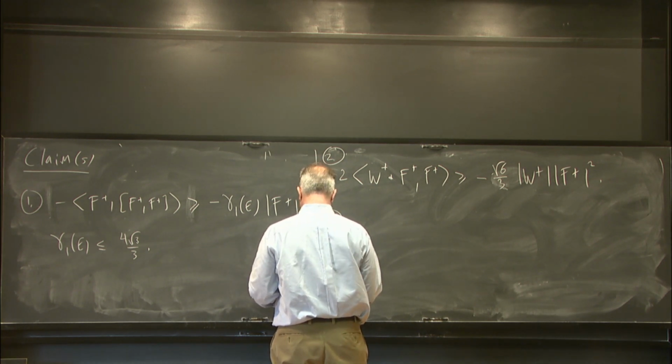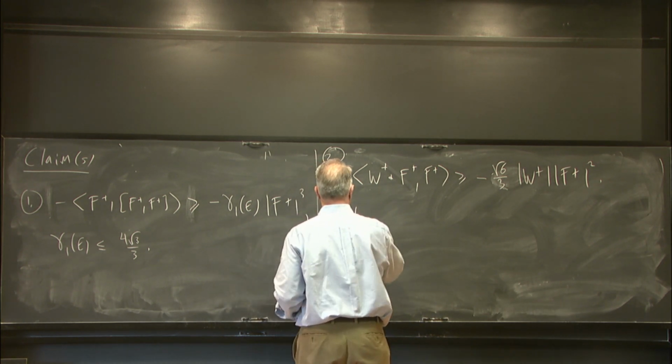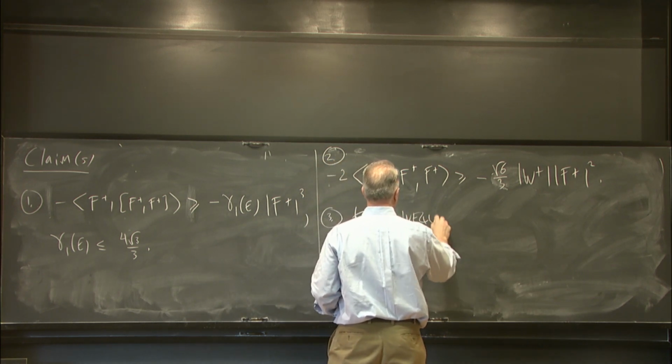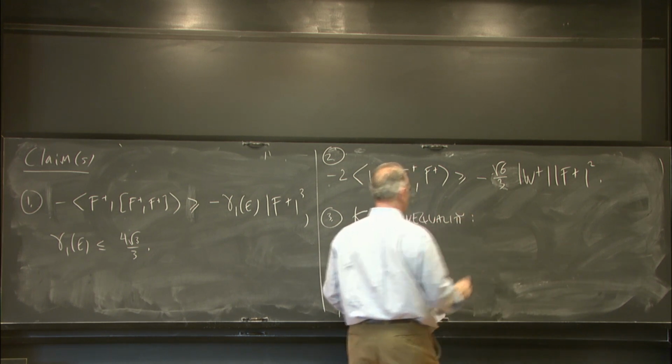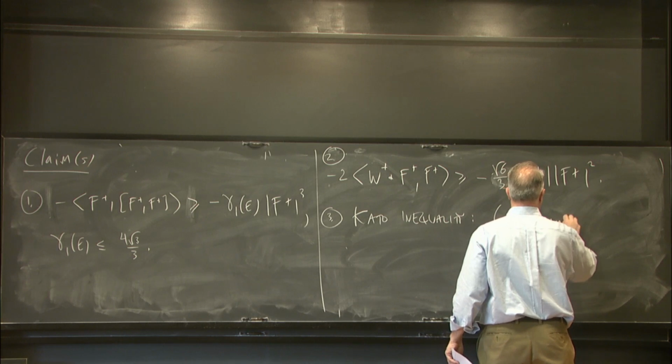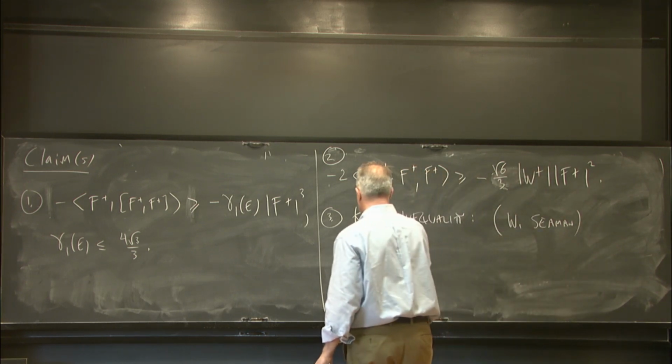And then the other part is more involved. Again, this is something that is known in the real valued case. It's actually due to Walter Seaman. But it holds in the bundle valued case.